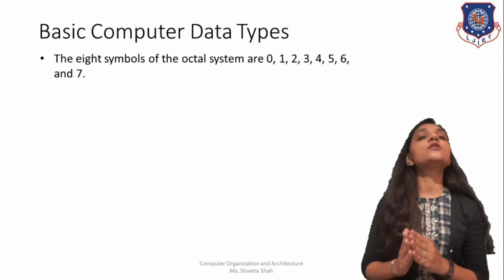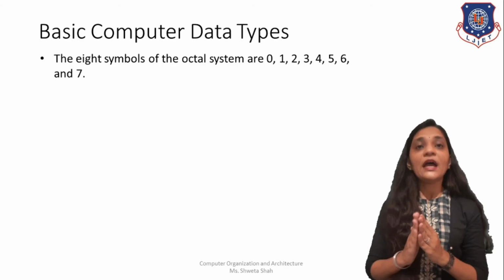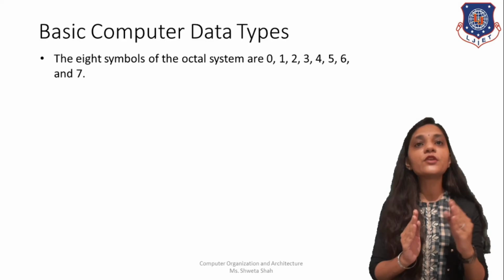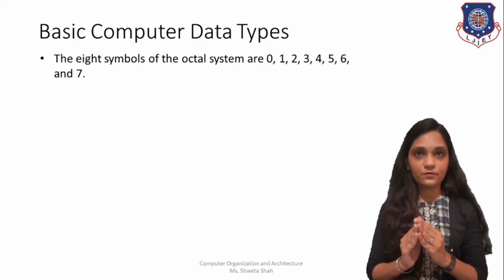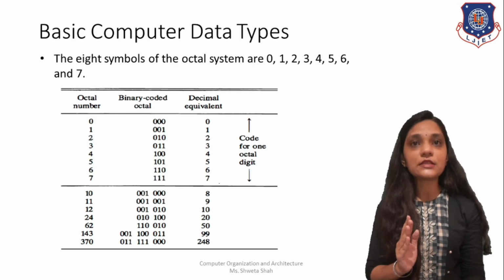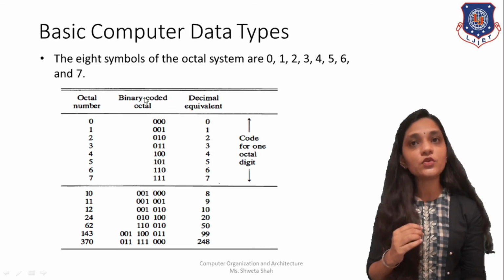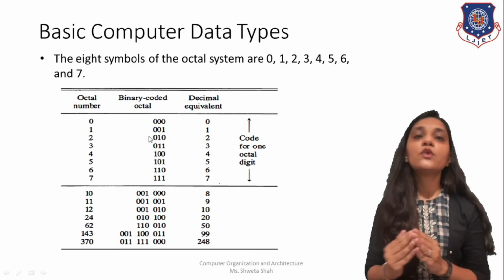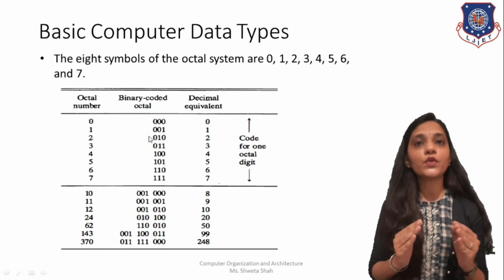So for the octal representation, we have 8 symbols, and to represent 8 symbols with different bit patterns you will minimum require 8 patterns. For 0 we use 000, for 1 we use 001, for 2 010, and so on up to 7 we have 111.